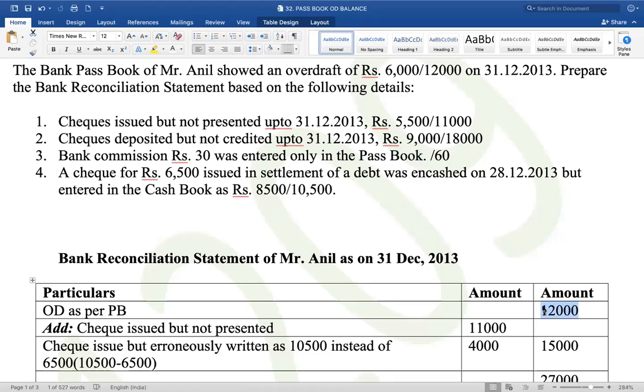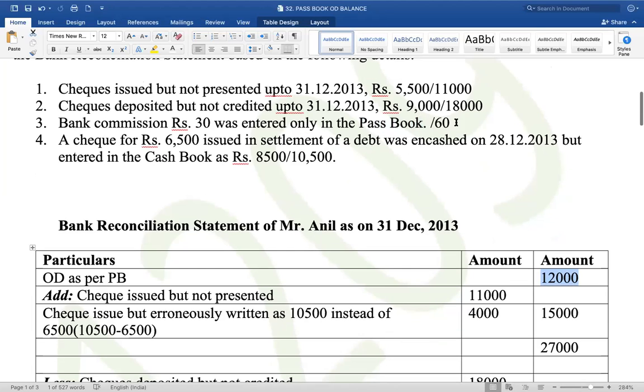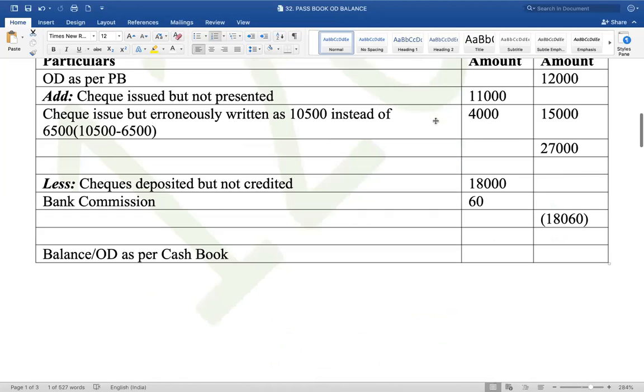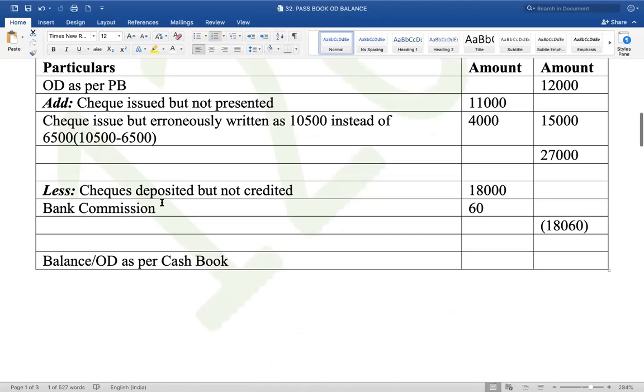To make this passbook agree with the cash book, the overdraft must be reduced to this extent. Okay, bank charges or bank commission 60. You are reducing it, less: bank charges 60. Okay, any confusion?